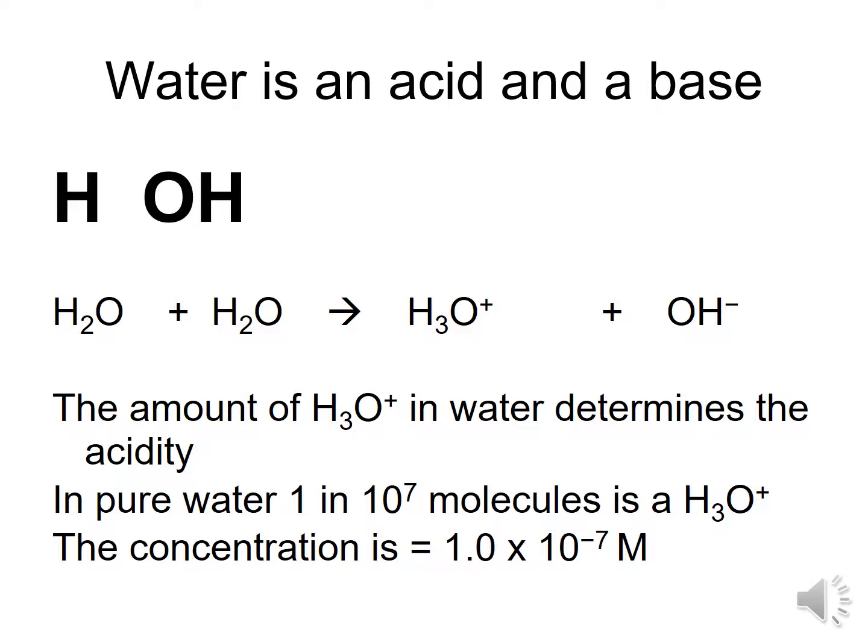But that 1 times 10 to the minus 7 might look familiar, because remember pure water has a pH of 7. The exponent, 10 to the minus 7, is actually used to determine the pH. And so pH is a logarithmic function because it uses the exponent of a scientific notation number.